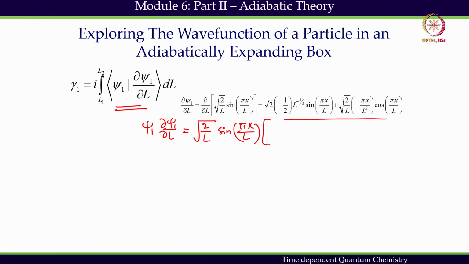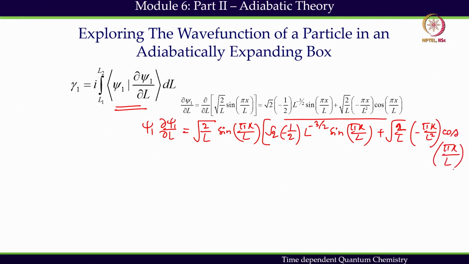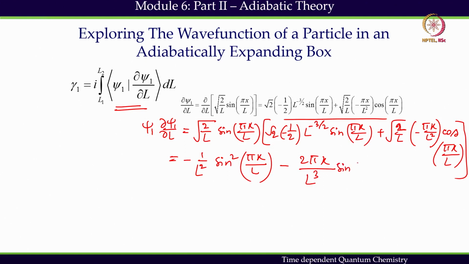I have to multiply the entire function, which is square root of 2 times minus 1 by 2 L to the power minus 3 by 2 sine pi x by L plus square root of 2 by L times minus pi x by L square, then cos of pi x by L. So if I multiply, then finally what I get is going to be 1 by L square sine square pi x by L minus 2 pi x by L cube sine pi x by L multiplied by cos pi x by L.